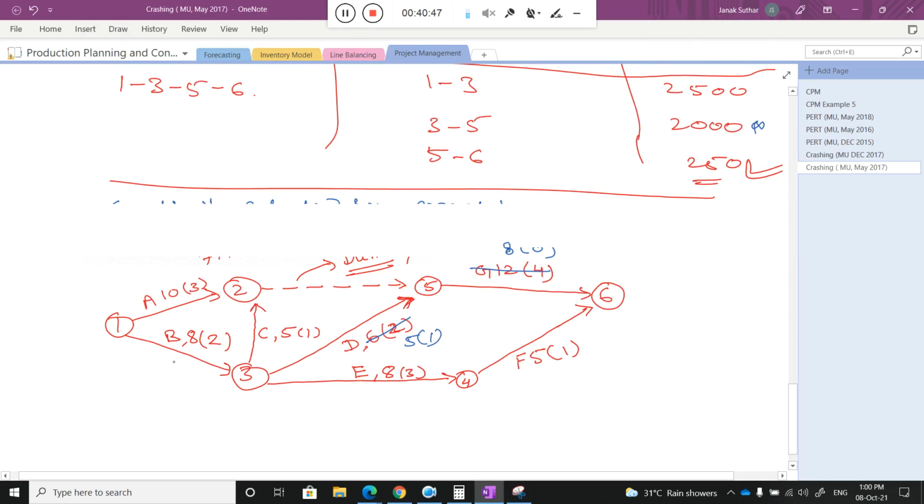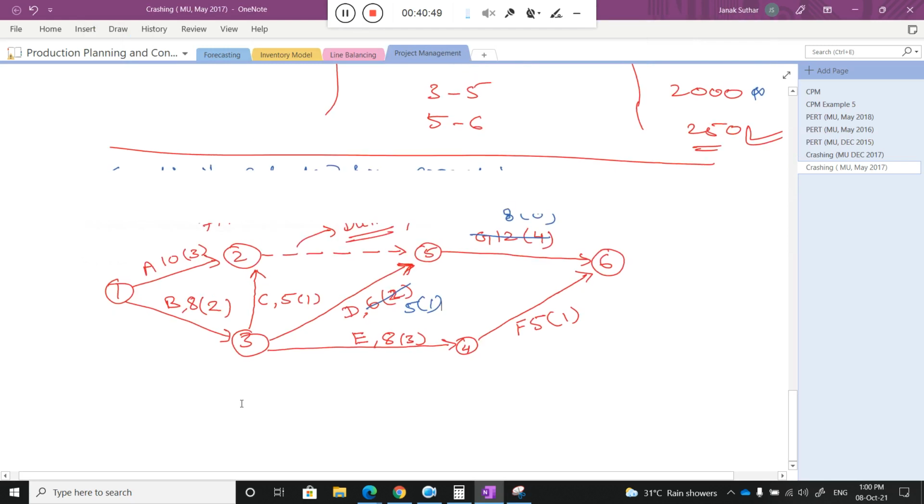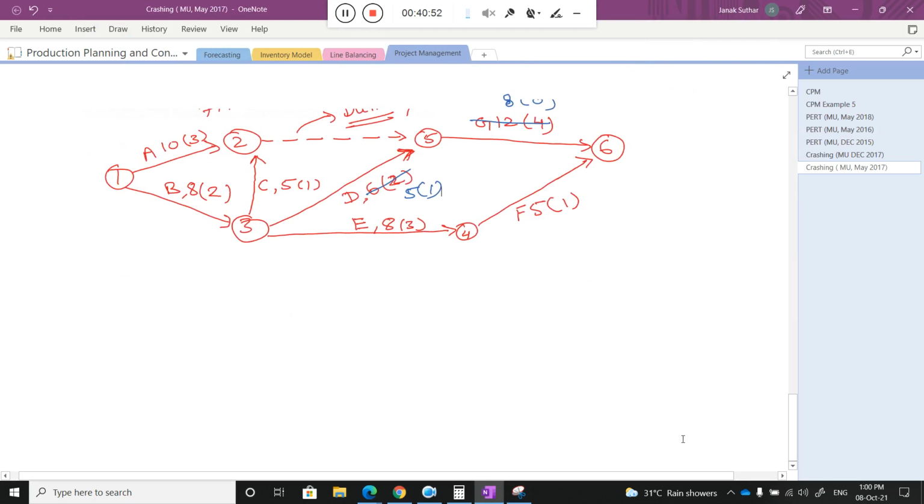In that case again I calculate the critical path quickly. Please help me in the calculation part, class. 1 to 5 6. Okay, I quickly write.